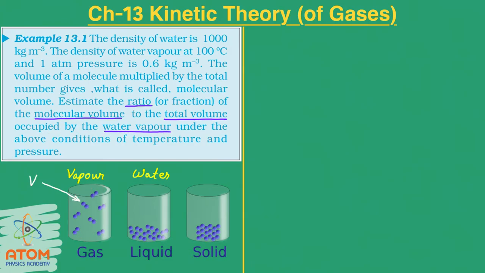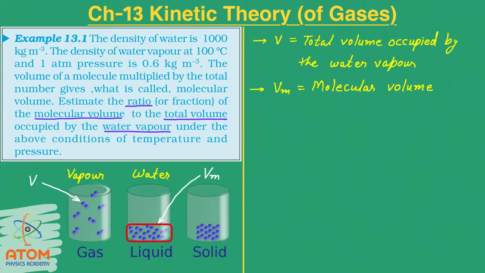Now, when we are talking about the molecular volume, then the volume of this much water is the volume of all the molecules. That means it is molecular volume, let us say Vm, because here all the molecules are very close to each other. So, this volume of liquid can be considered as the molecular volume of these molecules, and that is Vm. I am just noting it down. V is total volume occupied by the water vapor and Vm is the molecular volume.